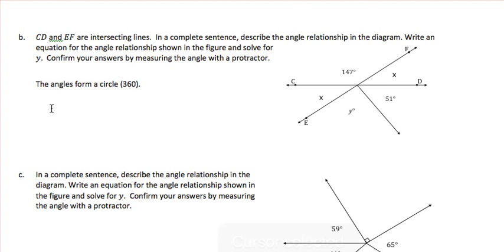Let's write the straight line equation for these two angles. x plus 147 equals 180. We'll solve that, and so x equals 33.